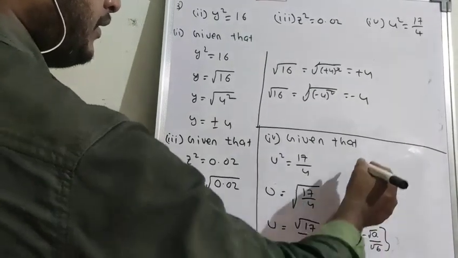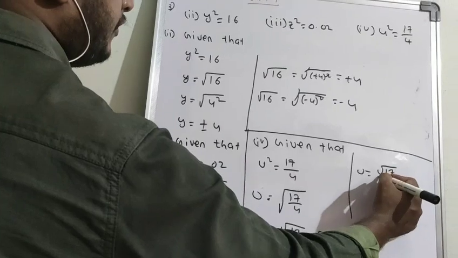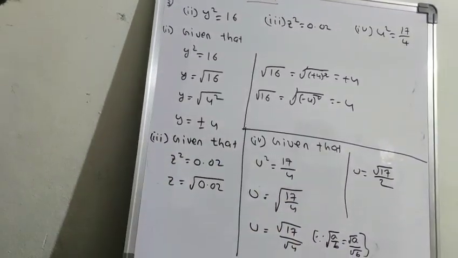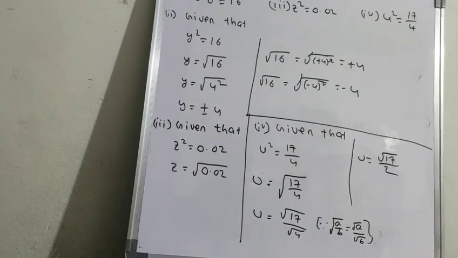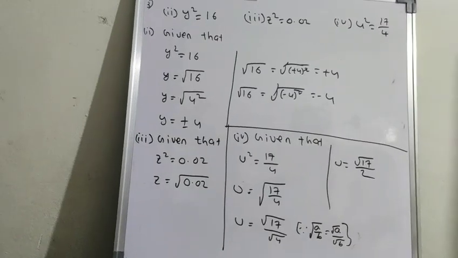By using the formula, root 17 is not a perfect square, you cannot find the value, and root 4 is 2. So the value is root 17 by 2, you have to write the u value as root 17 by 2. And this is the way you have to do the solutions.